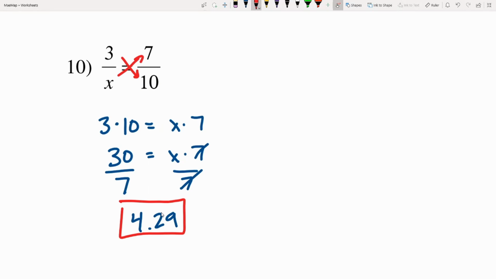For some reason, on the worksheet they have 4.28, they rounded down, but I was rounding to the nearest hundredth, that's why I got 4.29.